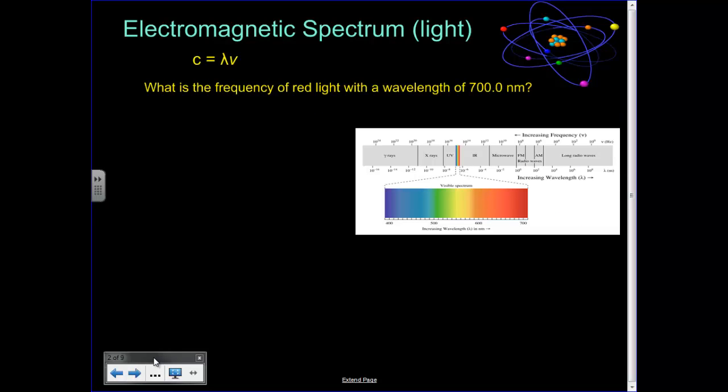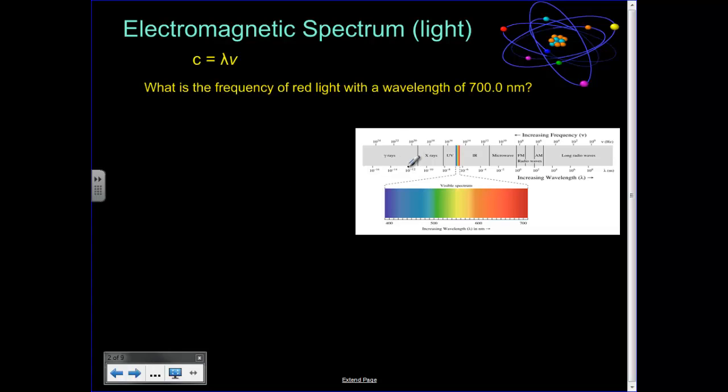So if we look at our question here, if we have red light with a wavelength of 700 nanometers, what is the frequency? In other words, how often does it pass us? The 700 nanometers is really, really small.